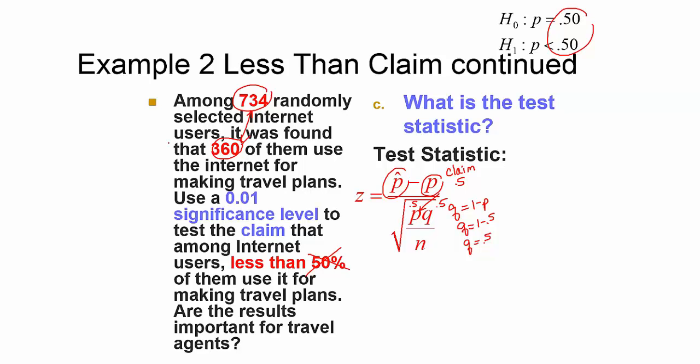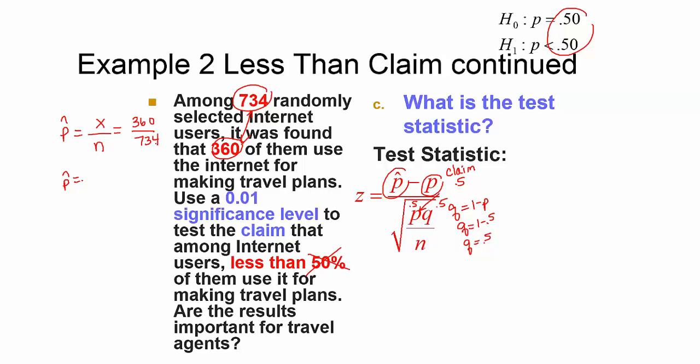These are my two numbers that I can divide. P hat is x divided by n. So x would represent 360 internet users out of 734, or 360 used it for making travel plans out of 734 total internet users.